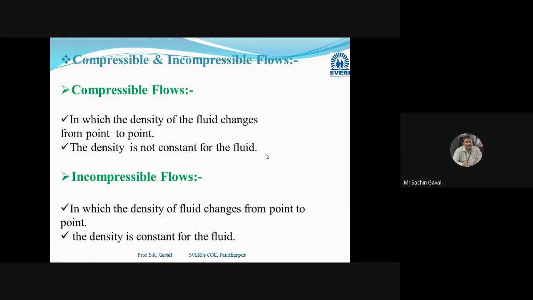Now, another type of flow is there: if the density of fluid changes from point to point, then that type of flow is called what? Compressible flow. For example, flow of gases.